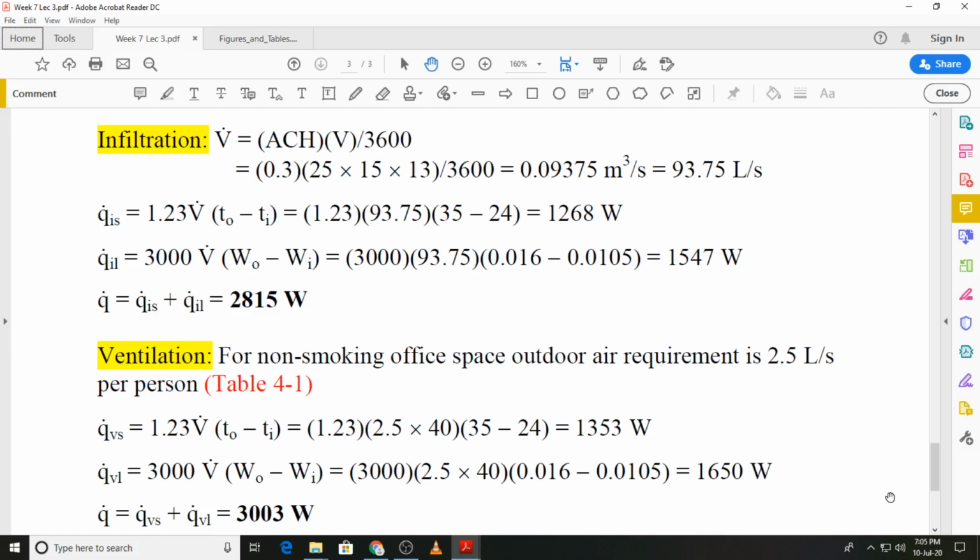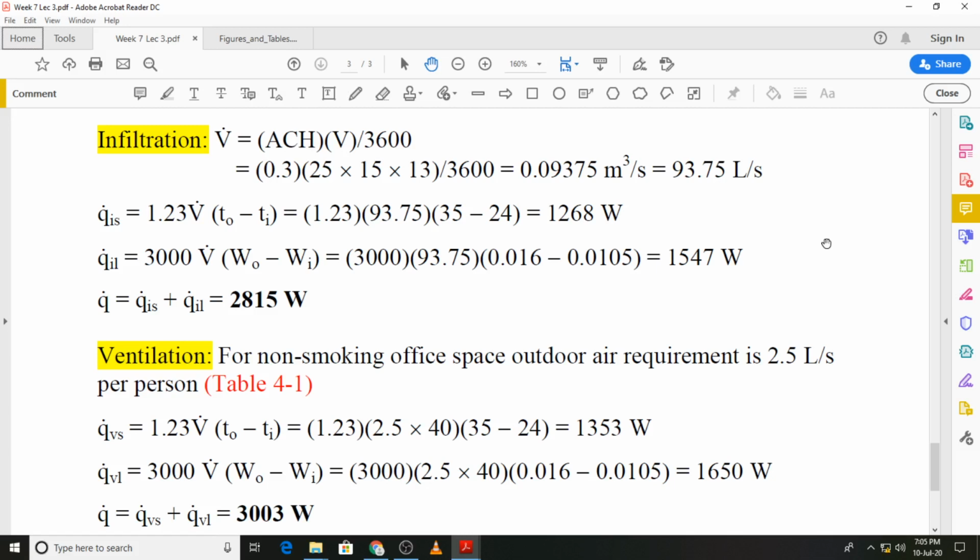The volume of the office building, you just multiply the three dimensions, 25 into 15 into 13 cubic meters, and we get the infiltration rate in cubic meters per second. You multiply it by 1000, and the resultant infiltration rate is 93.75 liters per second.